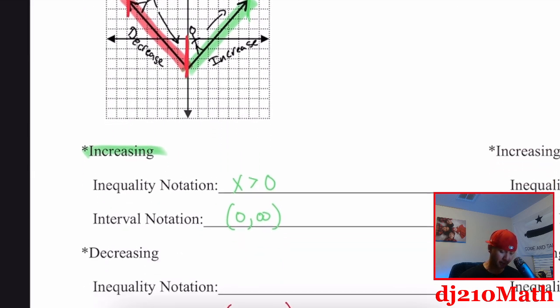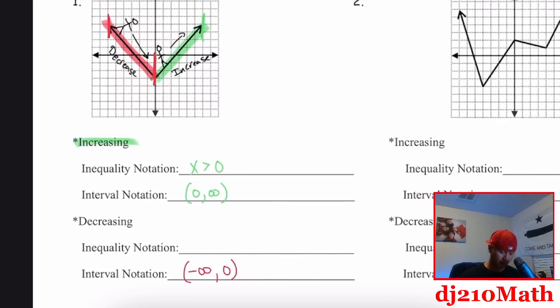You might have to listen to that a couple times. For decreasing, it's the same idea. We're comparing x to the number. I typically write x first, and we want all the numbers smaller than 0, all the numbers to the left of 0. And this is x is less than 0. x is any number.